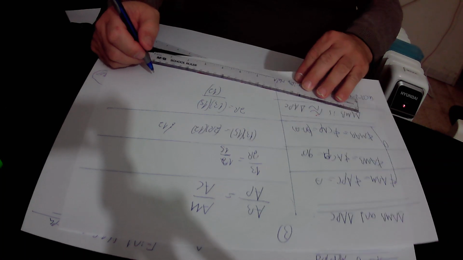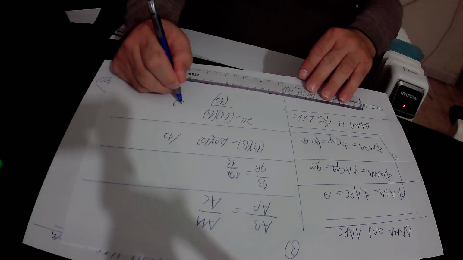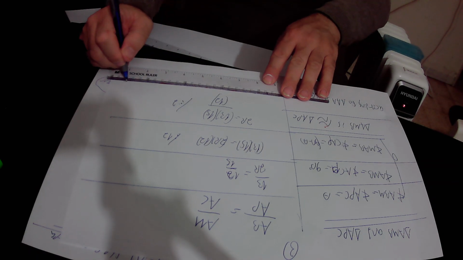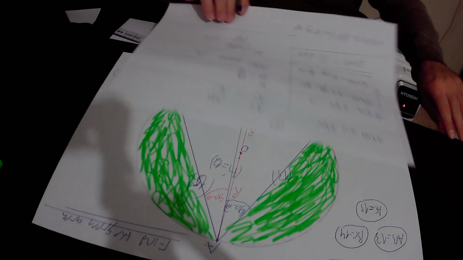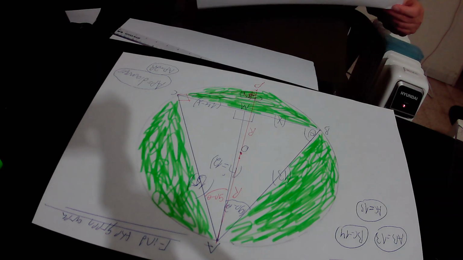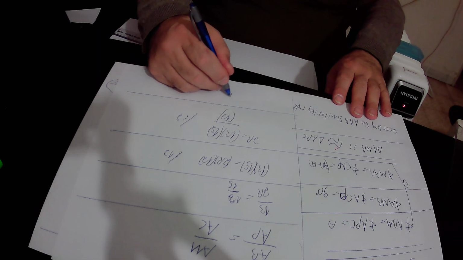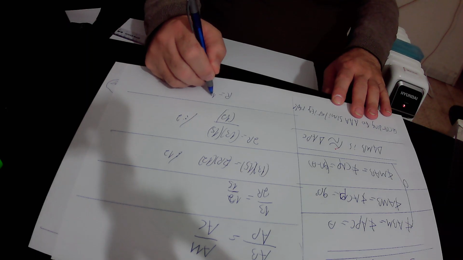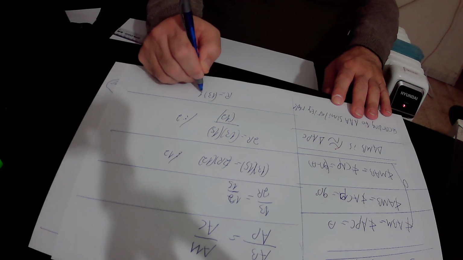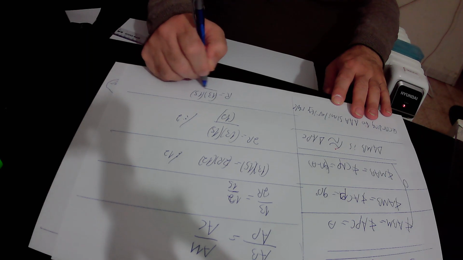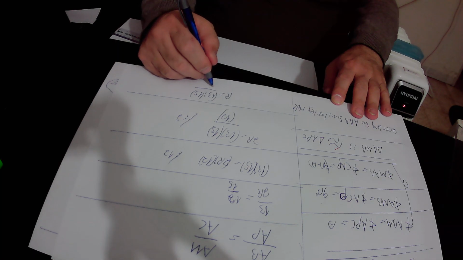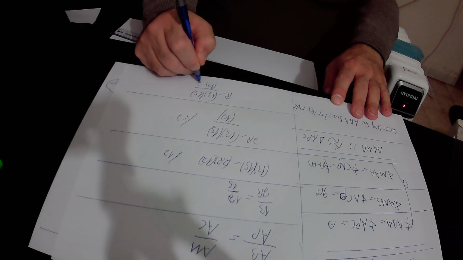Here we'll divide this equation by 2 and finally we'll get that the radius of this circle R equals 13 times 15 over 12 times 2.